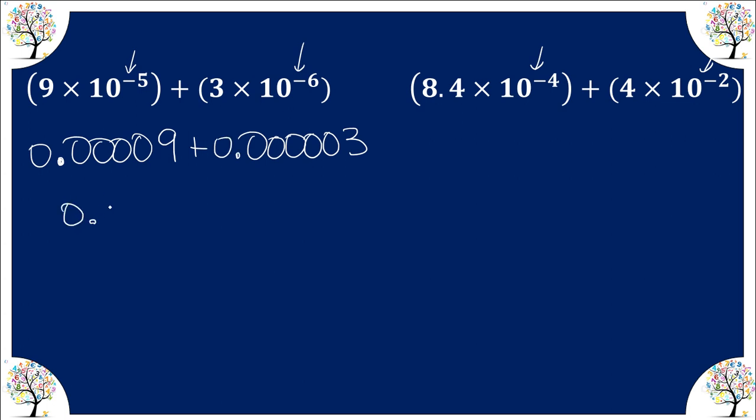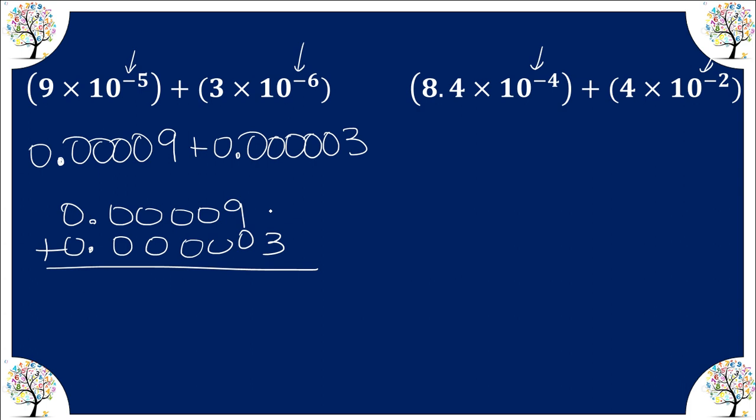So I have 0.00009, and then again, decimal with decimal. So I have 1, 2, 3, 4, 5. 1, 2, 3, 4, and be neat. And we're adding these.